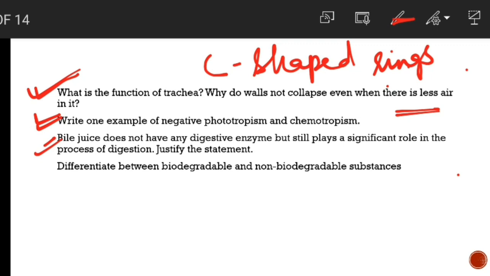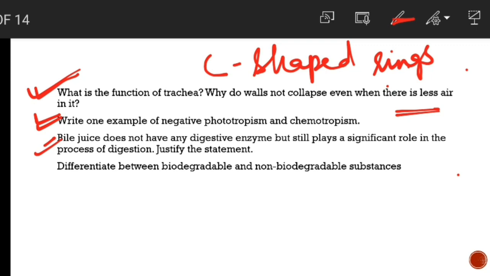You can simply write biodegradable substances are those substances which can be degraded easily, with the help of microbes. They do not remain in the soil forever. Whereas non-biodegradable substances cannot be destroyed easily and they remain in the soil forever, making the soil toxic, infertile, leading to health hazards.